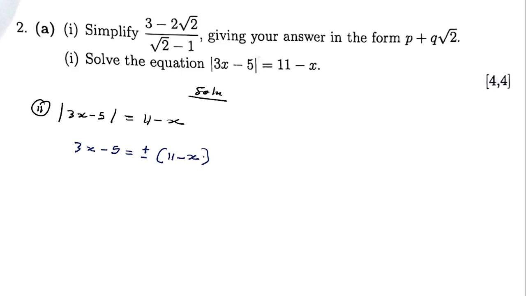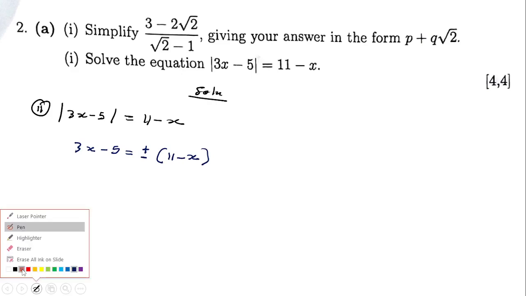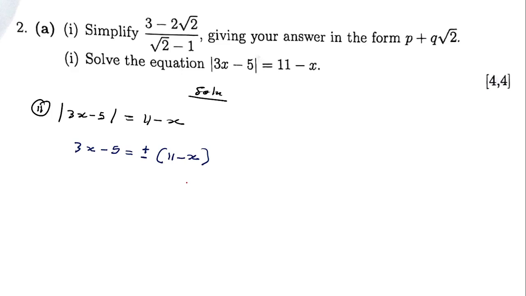So that simply means we can split that into 2. You have 3x minus 5 is equal to 11 minus x, or 3x minus 5 is equal to negative 11 minus x.